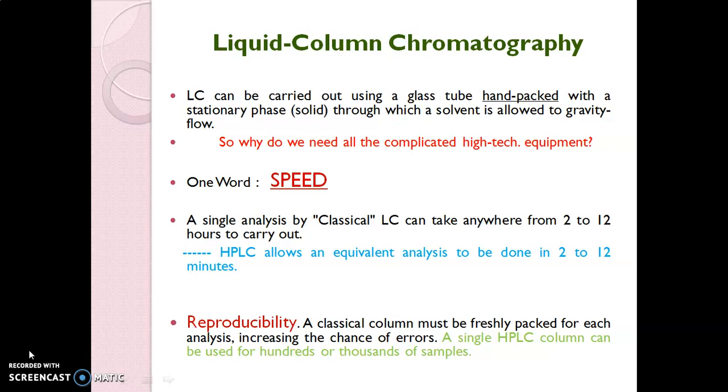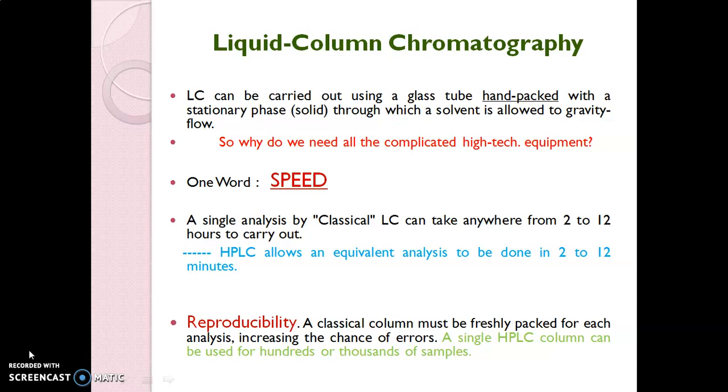To prepare a column is a very tedious, time-consuming process, and it requires skill. But in HPLC it is a ready-made column we are using, prepared more accurately and more efficiently. So we can get more accuracy and more sensitivity by using HPLC.